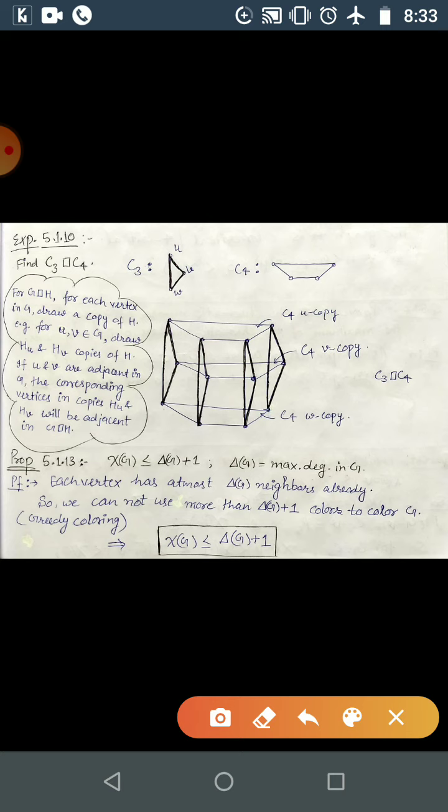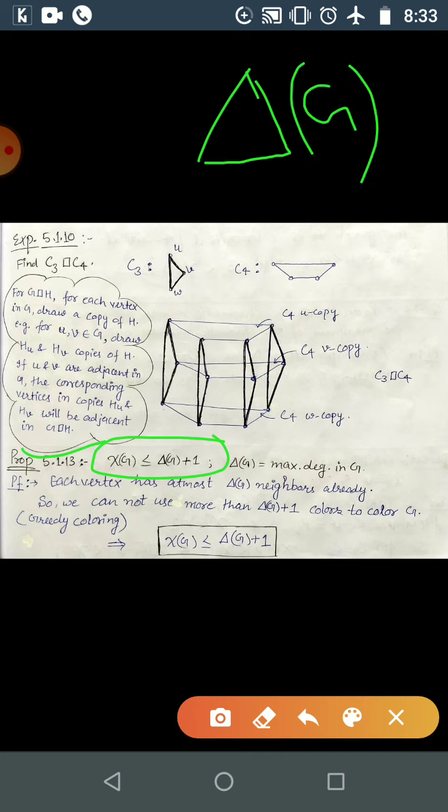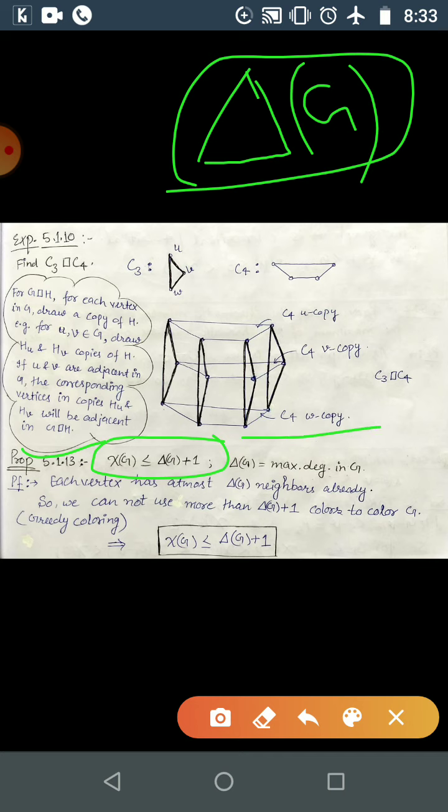G. Okay, now we can have a proposition based on this one. In this proposition, chi represents the chromatic number, and this symbol, delta, represents the maximum degree in G, the maximum among the degrees of all vertices.